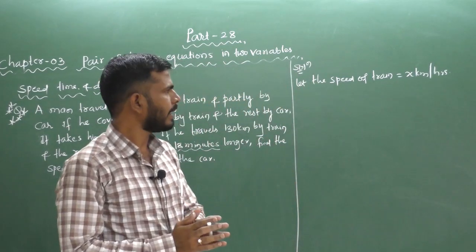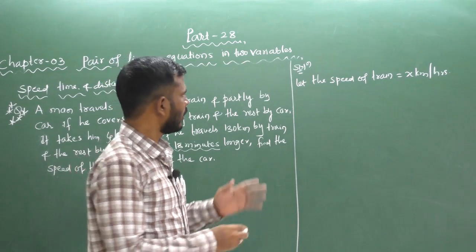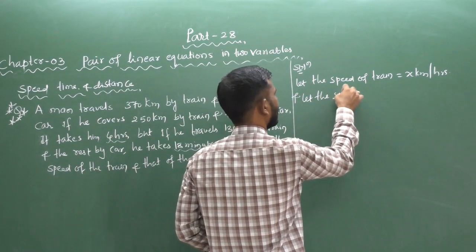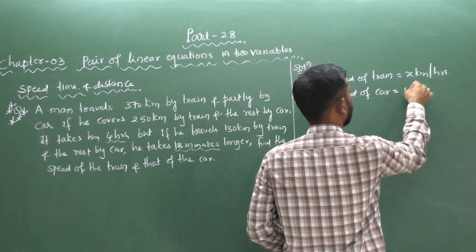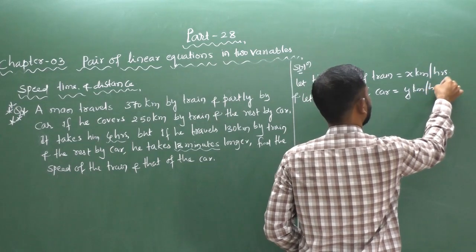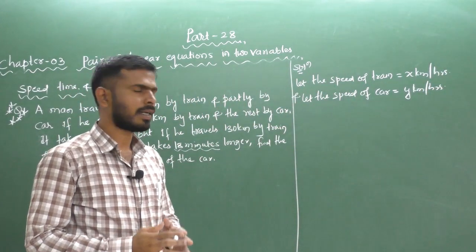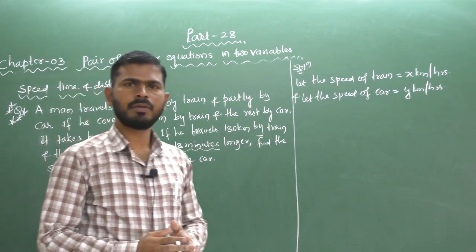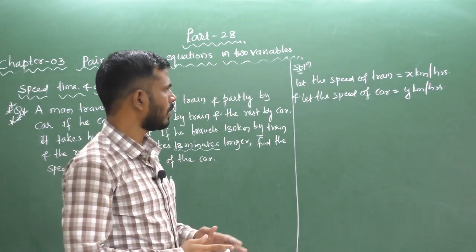You have to write the unit also, that is per hour. Similarly, let the speed of the car be y kilometer per hour. We want to find the speed of the train and the speed of the car, so that's why we consider the speed of the train as x kilometer per hour and the speed of the car as y kilometer per hour.